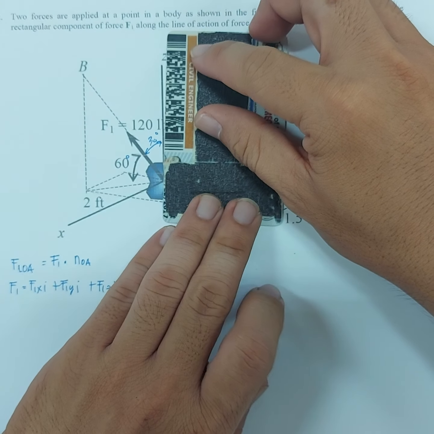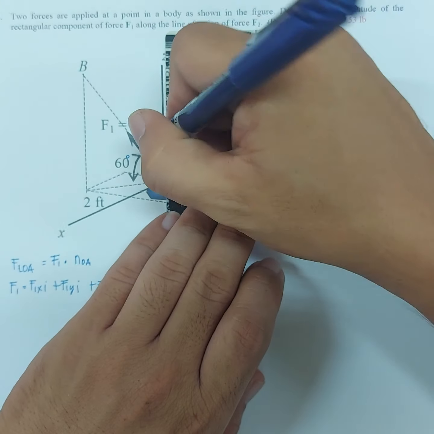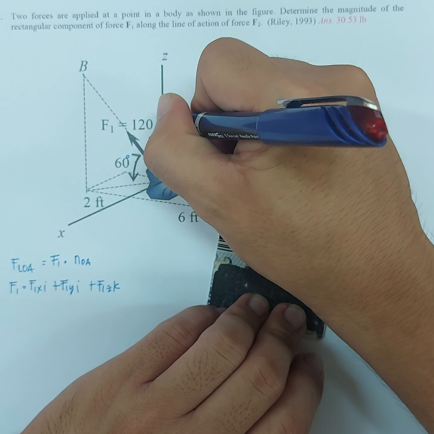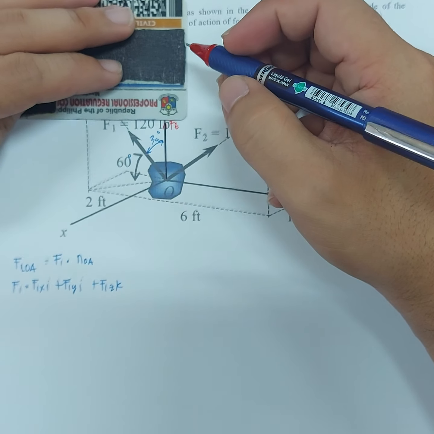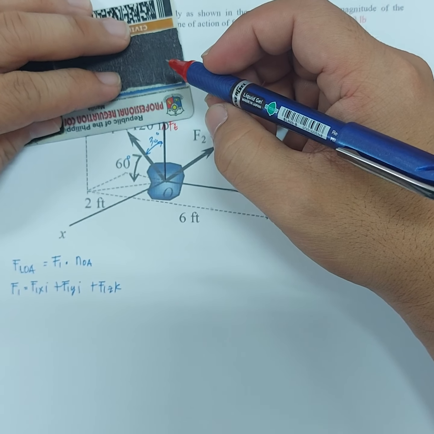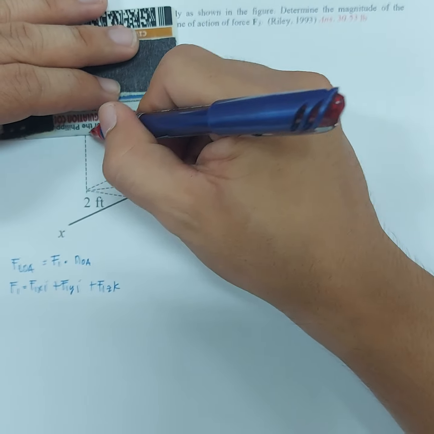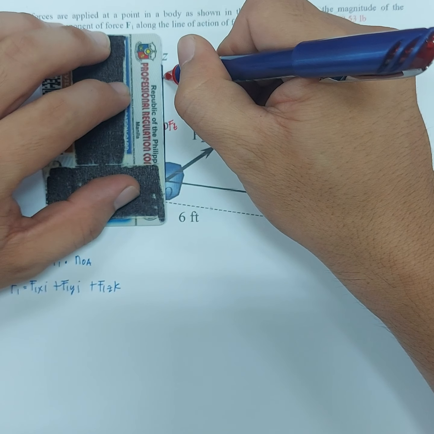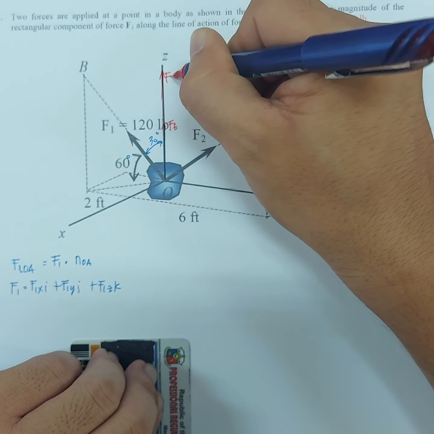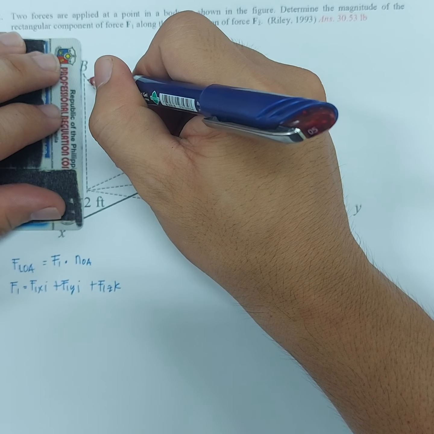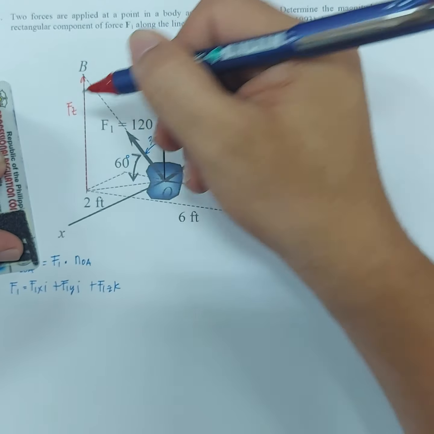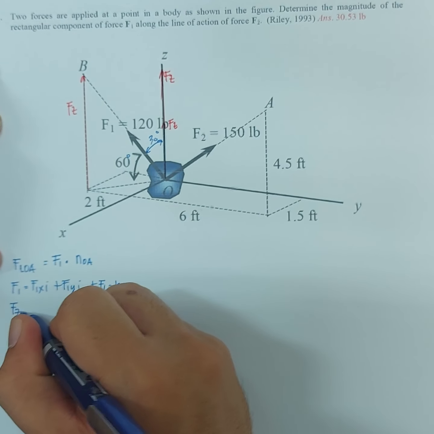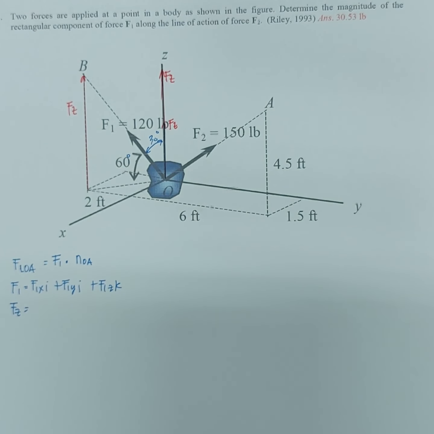So yung component natin along the z-axis, if this is Fz, then this is also Fz by parallelogram method. This is Fz, then this is also Fz.